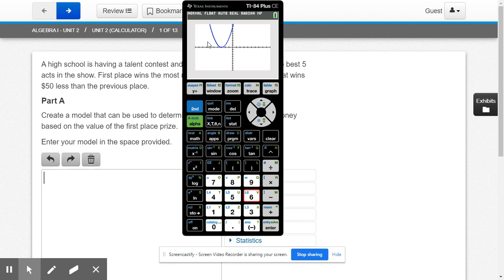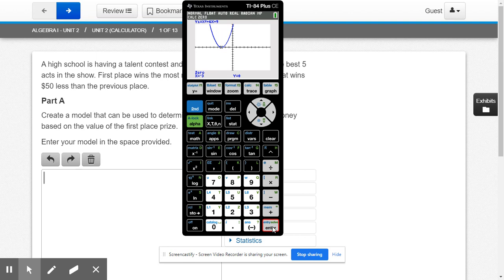I can see this graph intersects the x-axis at just one point, I believe. To figure that point out, I'm going to go ahead and calculate my 0. So second calculate, and I'm going to choose 0. Choose 1 point to the left. Choose 1 point to the right. Press enter. Take my guess. Press enter again.